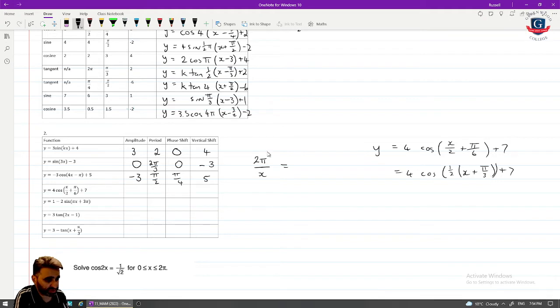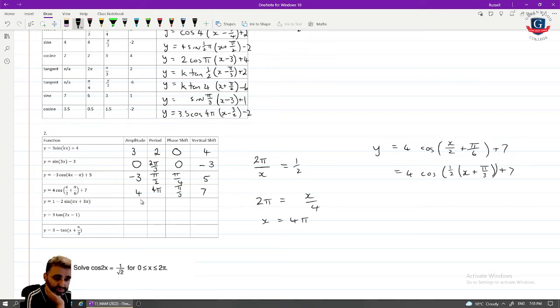There we go, that's better. All factorized now. So it's going to equal a half. So 2 pi equals x on 2, x equals 4 pi. So that's going to be 4 pi. That's going to be pi on 3. That's going to be 7, and that's going to be 4.